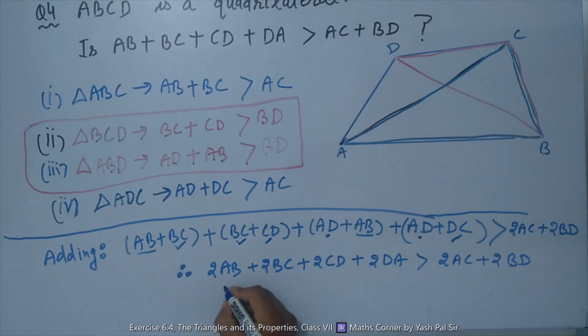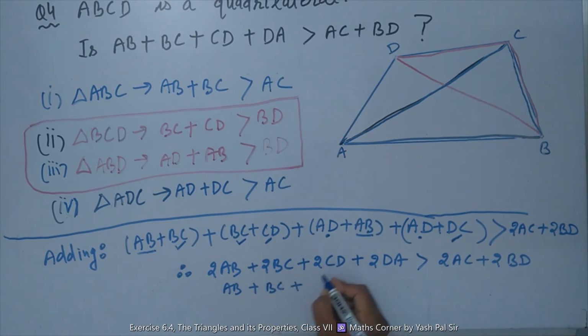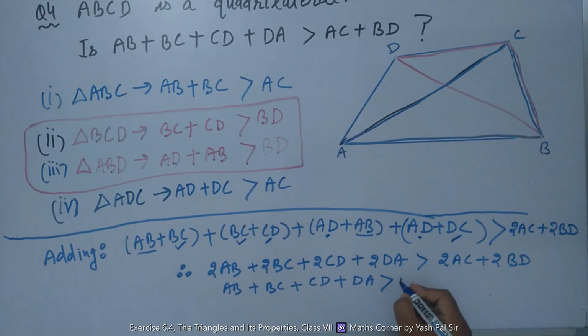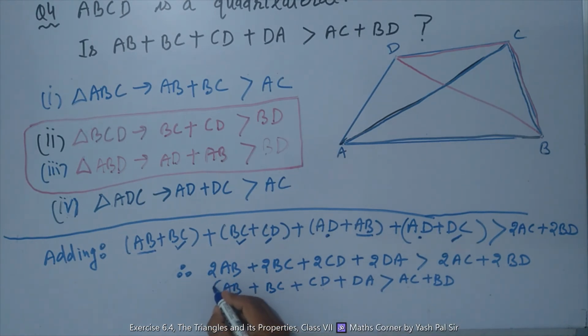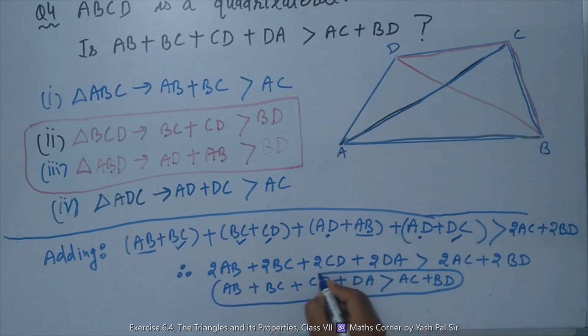Right? Now we divide each by 2. 2AB divided by 2, AB. 2BC divided by 2, BC. 2CD divided by 2, CD. 2DA divided by 2, DA. Greater than 2AC divided by 2, AC. 2BD divided by 2, BD. So this way we have obtained the result.